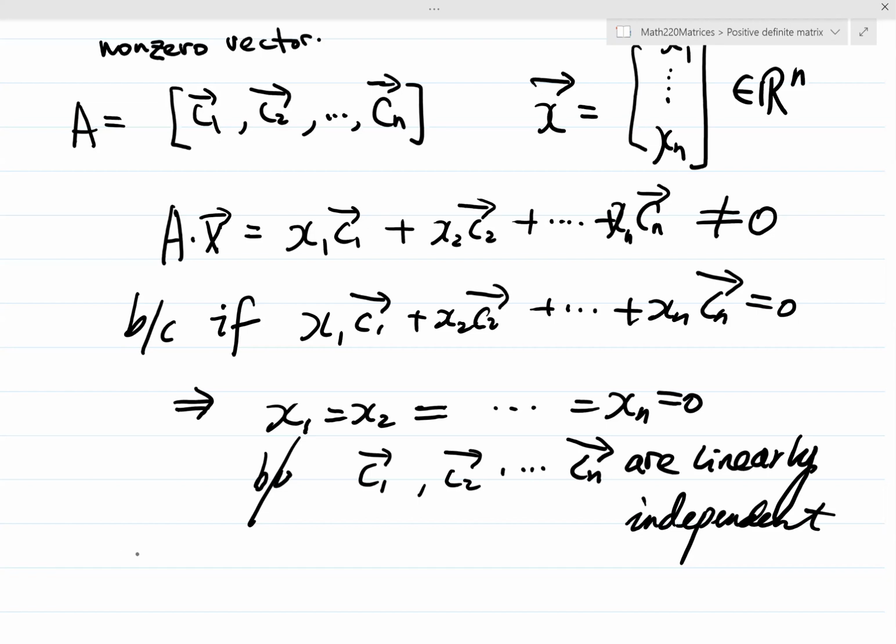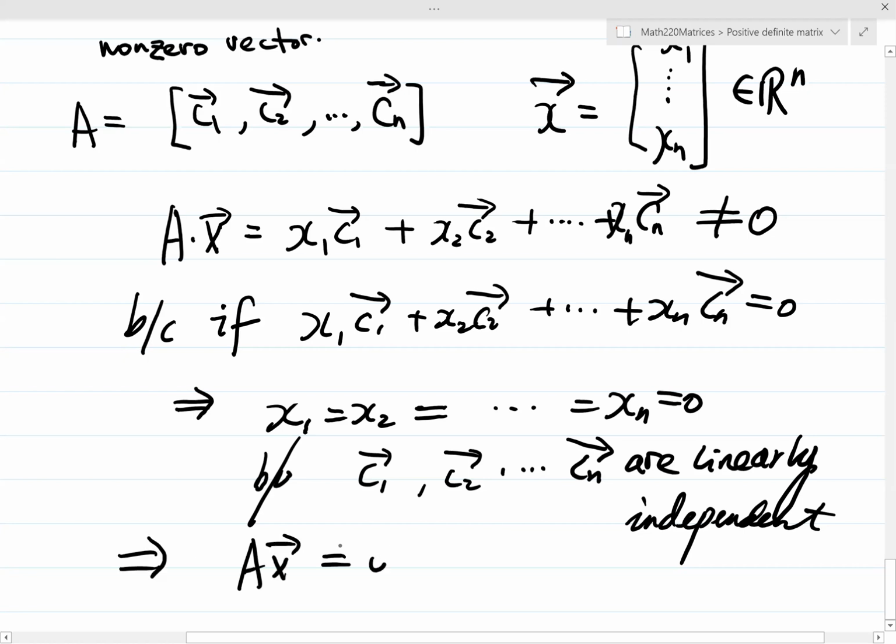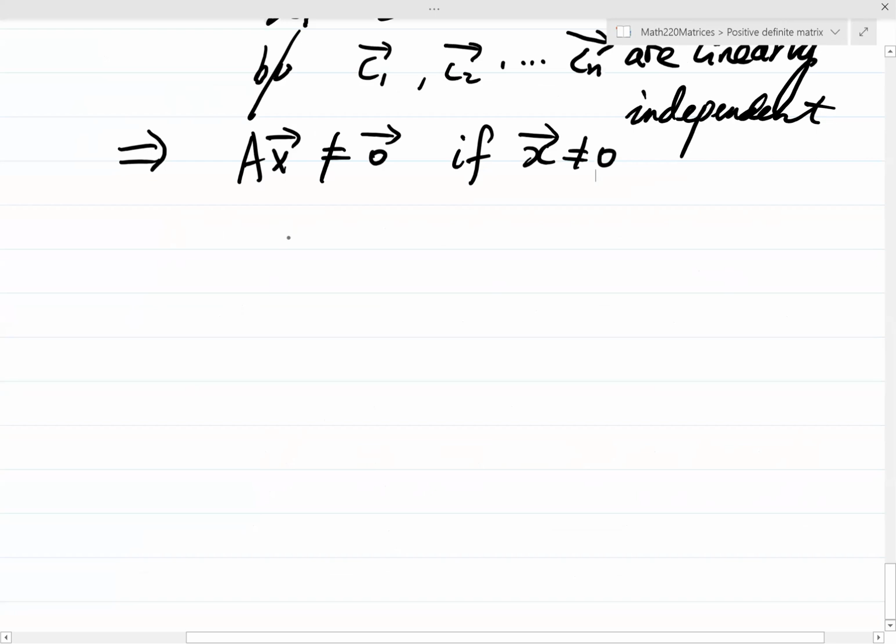This tells us that Ax is a non-zero vector if x is non-zero. The norm of a non-zero vector is positive; the norm is zero only if the vector is zero.